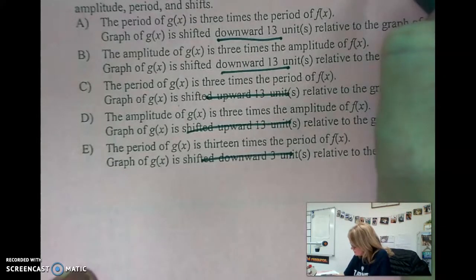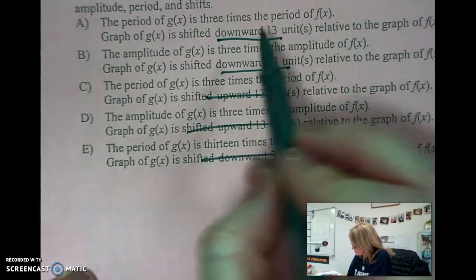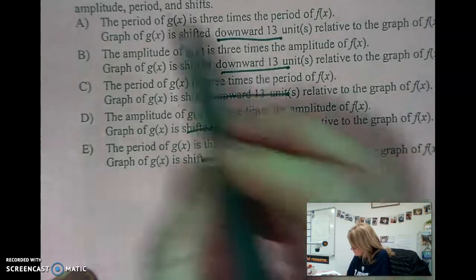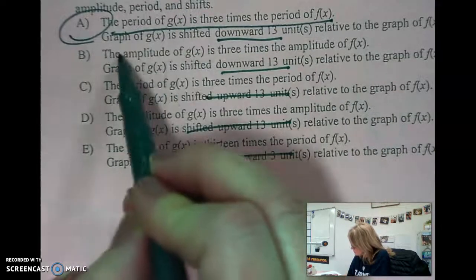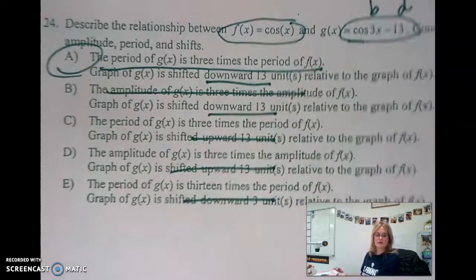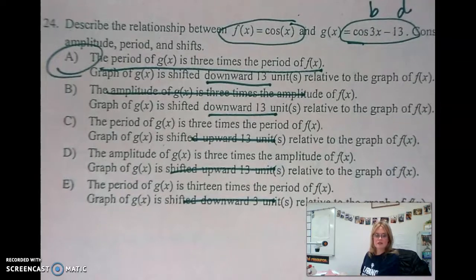This is your B, so it has to do with your period. 3 times the period. The period is 3 times, so A. This is having to do with amplitude, and that is not your amplitude. So the good thing about multiple choice is you can also use your process of elimination.